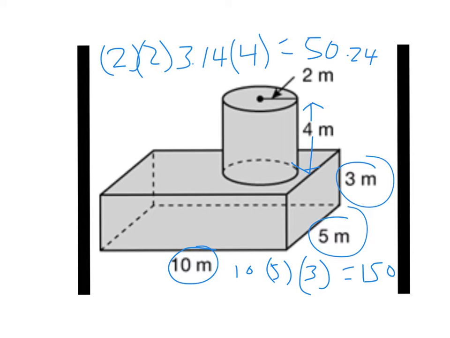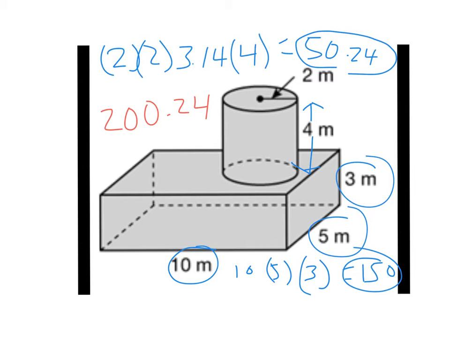So again, to get the total volume, we have 150 and 50.24. We would add those together. And our final answer would be 200.24. And I am not rounding this. Do not round in your answers if that's an option. I don't want you to get them wrong, unless it tells you to round.